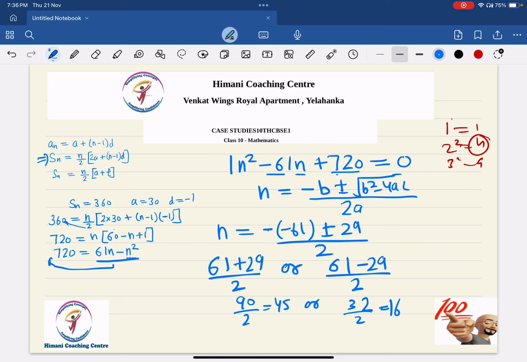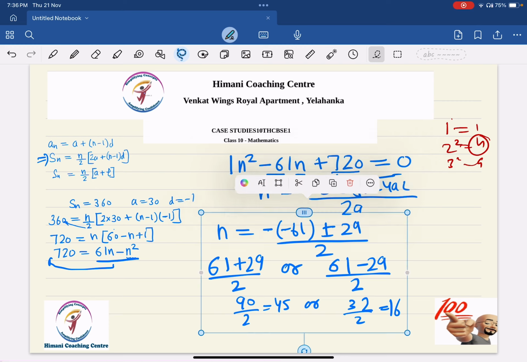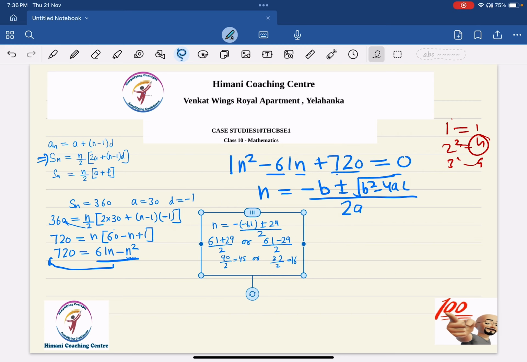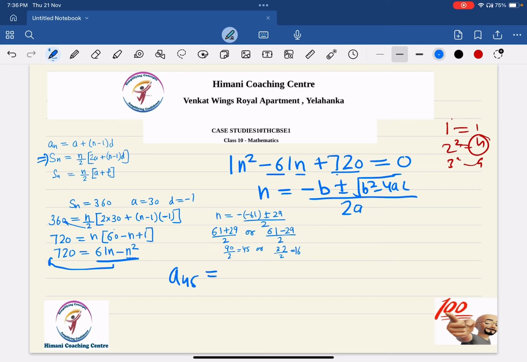So let us try checking this. If n is 45, we will try to find out what would be the 45th term. Because if there are 45 rows of bricks, we have to find A45 and A16 to check which one is the correct answer. See, the correct answer would be something which gives us a positive value. So now let us find A45. What is the rule?